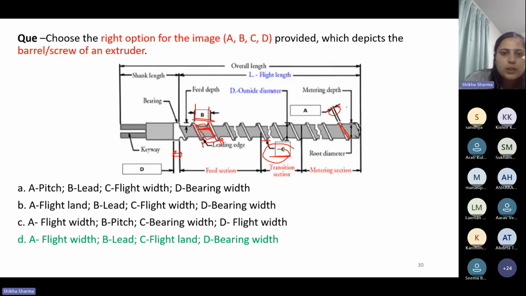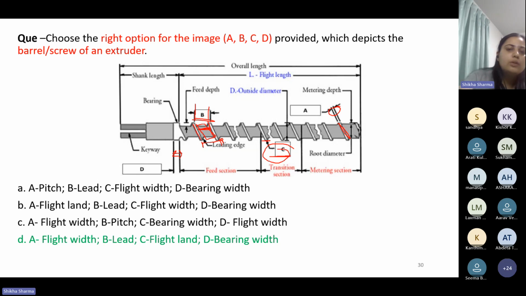If these are flights, all these are helicals, right? It is in the form of a cylinder over which the helical threads are there, like in a nail. In a nail we see that there is one cylinder, and over that there are threads, right?